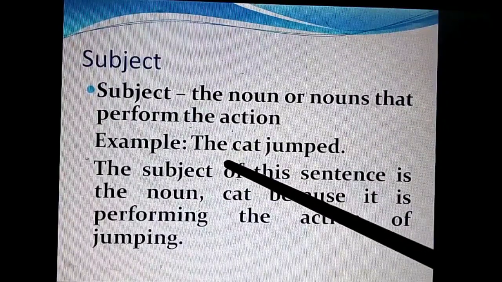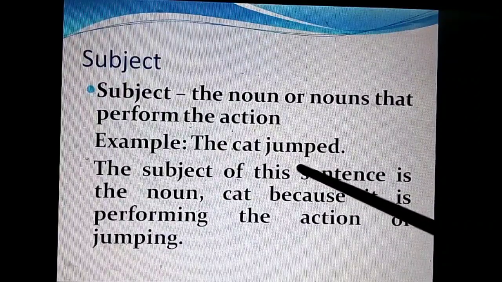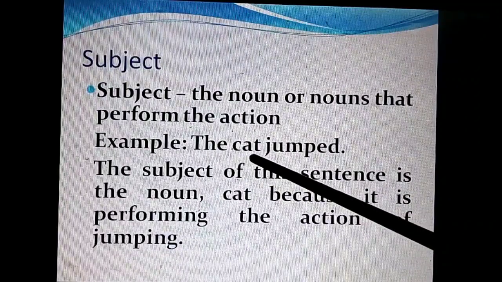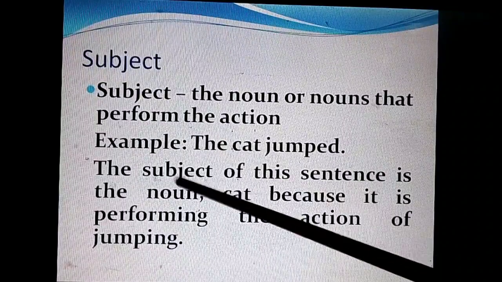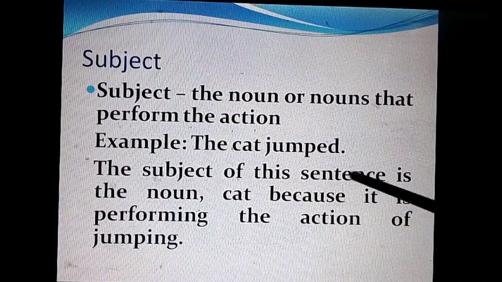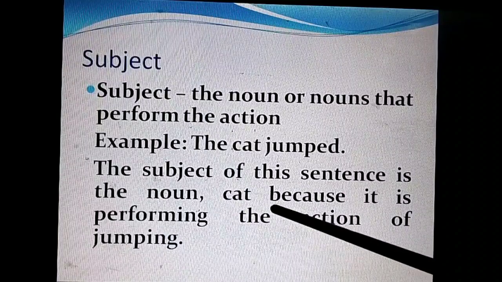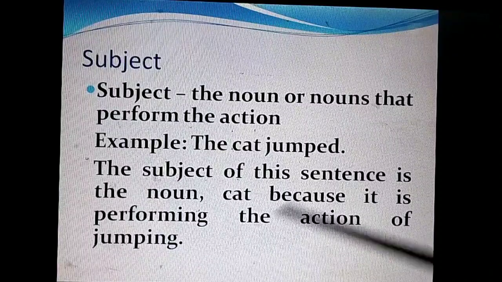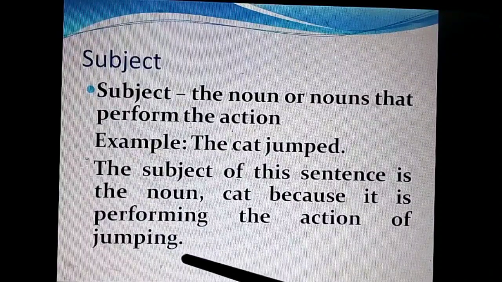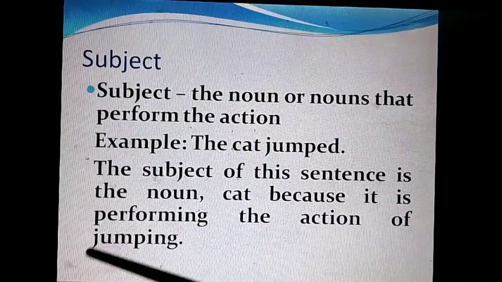Example, the cat jumped. The cat is the subject and finite verb is jumped. The subject of this sentence is the noun cat because it is performing the action of jumping. I hope it's quite clear.